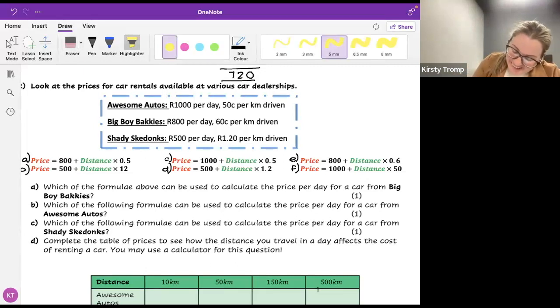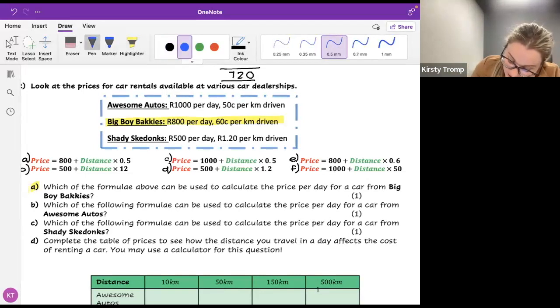So Mulalo said for A, we're looking at Big Boy Bucky's. The first thing Mulalo did was change 60 cents to 0.6. Well done, that's exactly what I would have done. 60 cents is the same as 0.6, because we're dealing in rands, so we want to make the cents into 0.6.